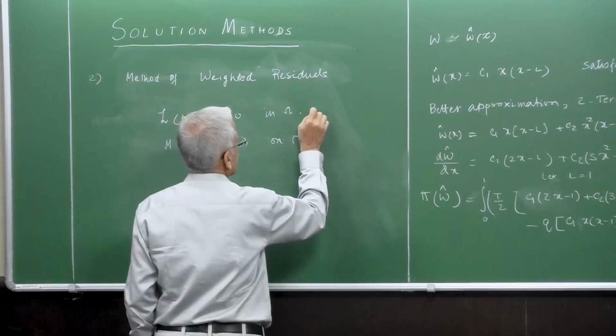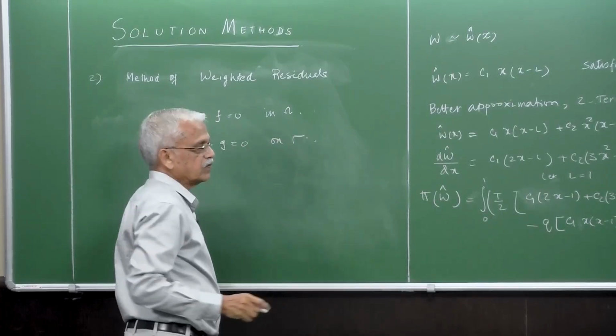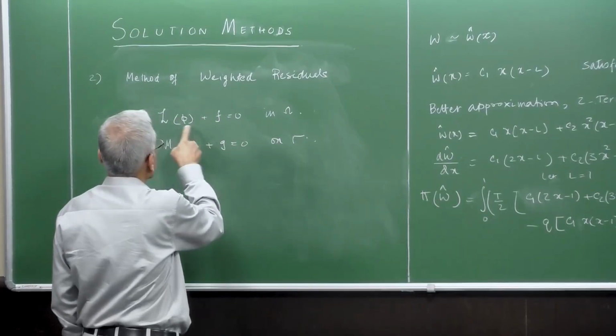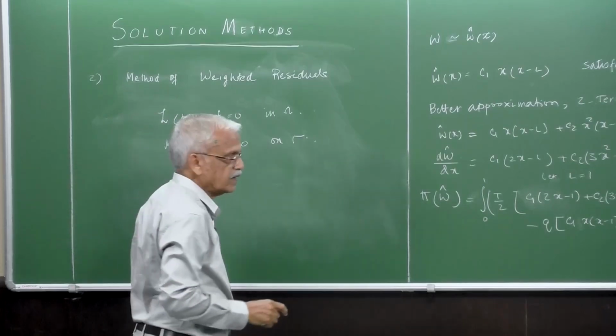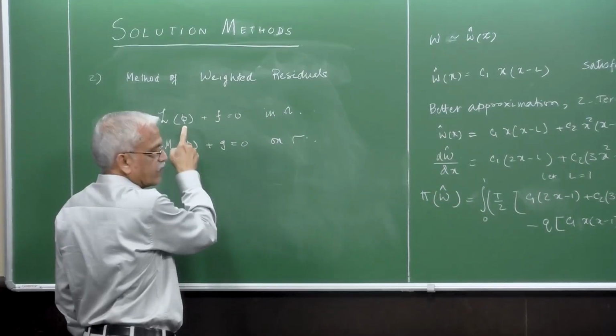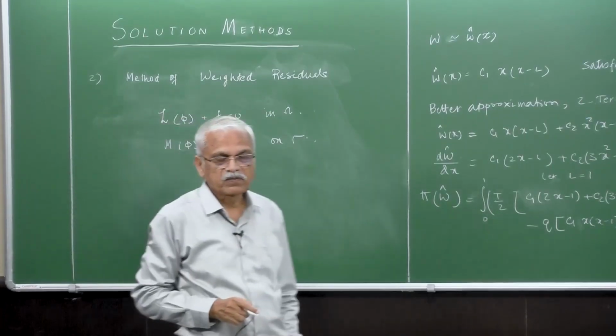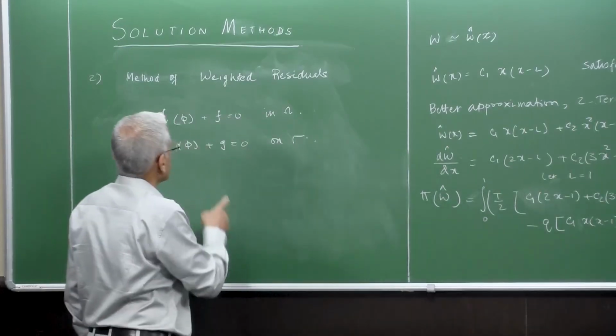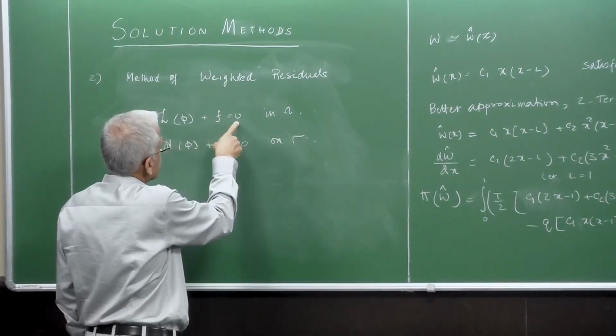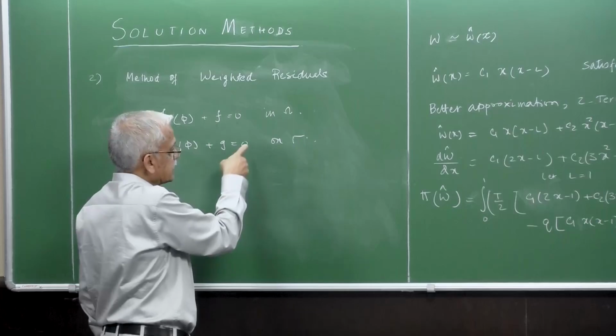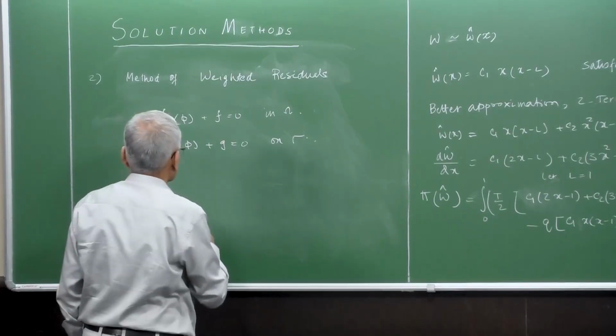So this is L phi plus f equals 0. L is a differential operator, and phi is the primary variable which we are interested in finding out. And f is some function. I'll explain with an example just now.